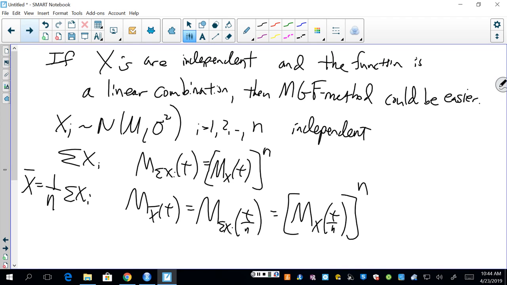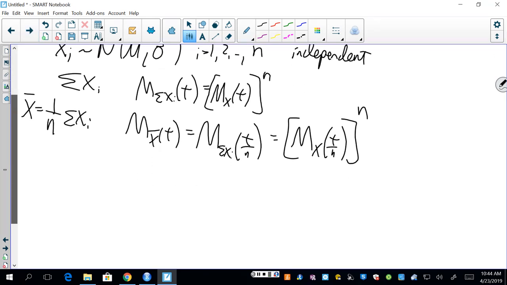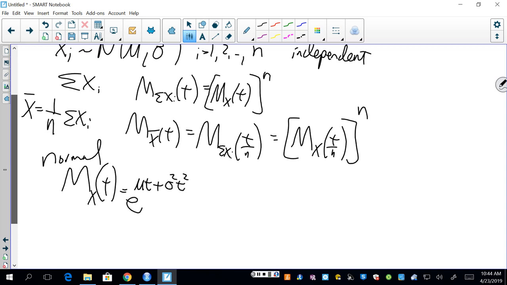For normal, what was the individual moment-generating function? For normal, the moment-generating function was e to the mu t plus sigma squared t squared over 2. That's for one observation.